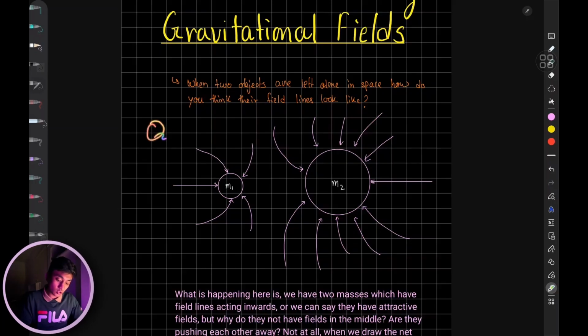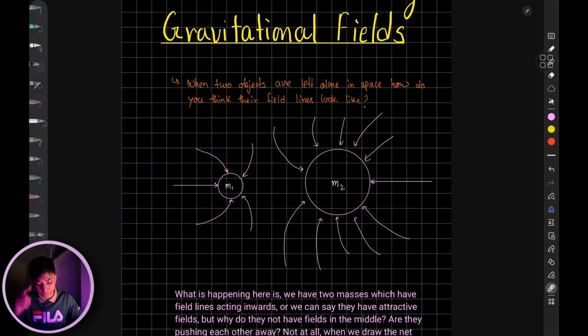Typically, when teachers teach you, and rightfully so, if you have a mass, the gravitational field line looks something like this, inwards, radially inwards. I've taught this to you as well. But what happens if there is another mass, M2?